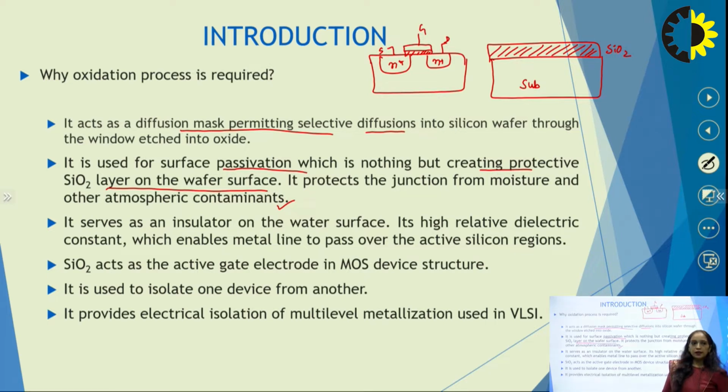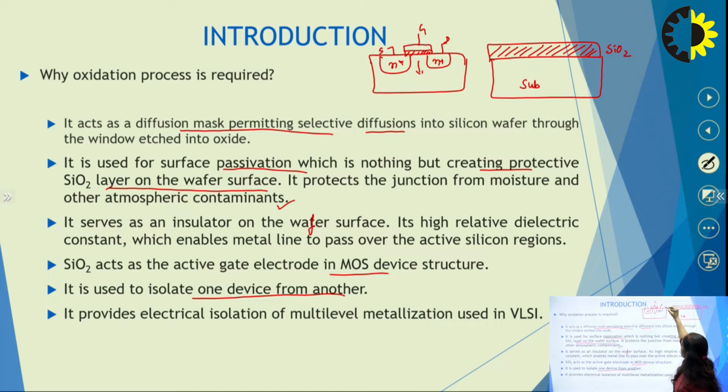Next, it acts as an insulator on the wafer surface, so that any current from the gate should not pass towards the substrate. SiO2 acts as an active gate electrode in the MOS device structure. It is used to isolate one device from another, because we are fabricating n number of devices.